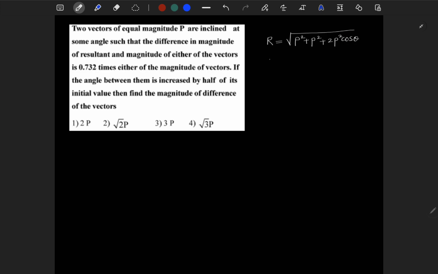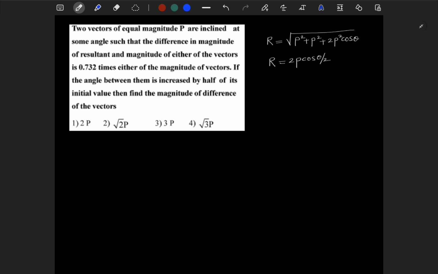If you solve this, then you have 2P cos theta by 2. As you take 2P square common, then you have 1 plus cos theta, which can be written as 2 cos square theta by 2. So this is the resultant of two equal magnitude vectors.